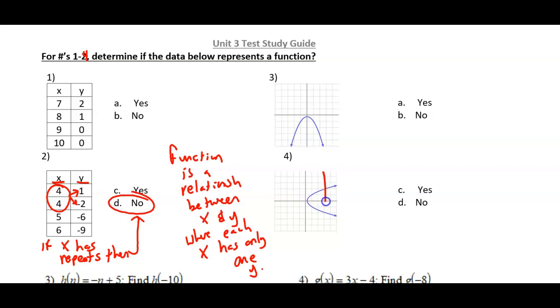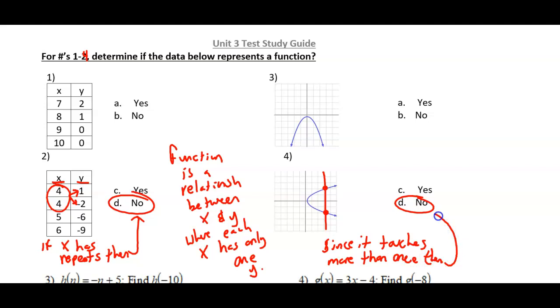If you can draw a vertical line and it touches your curve more than once, then the answer is no. Since it touches twice, or we could say touches more than once, that means it's not a function. And the reason for that is because at x equals 3, there's two different y values. At x equals 3, we have a y value of 2 and also a y value of -2. And every x can only have one y.